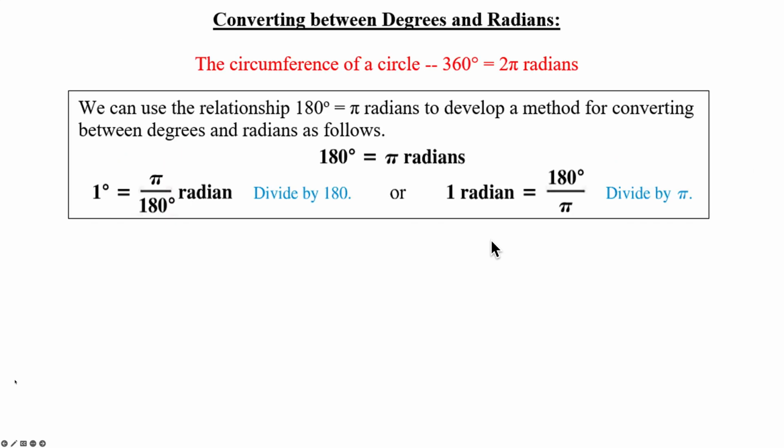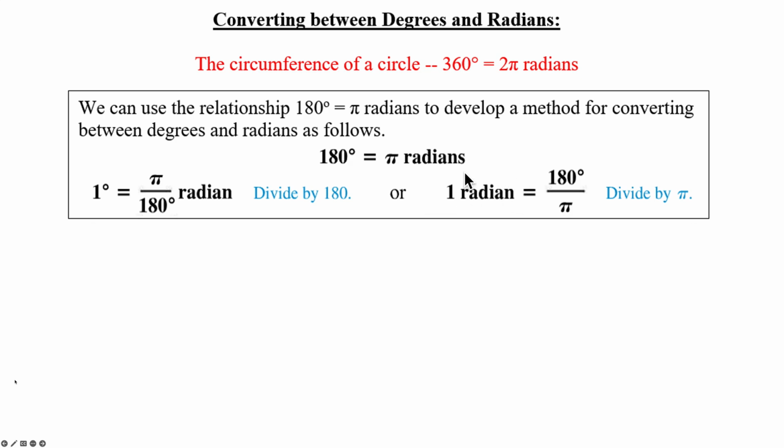So what we're going to have to be able to do is convert between degrees and radians. So the circumference of a circle, 2 pi, and 360 degrees are equal to each other. So we're going to simplify that down to 180 degrees is equal to pi radians. So if you are going to take a degree and convert it into radians, you want to multiply it by pi over 180 because now the degree units will cancel.